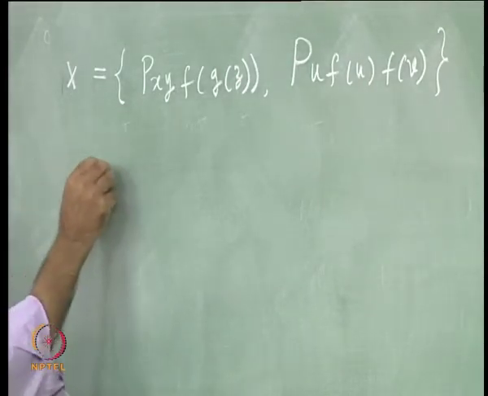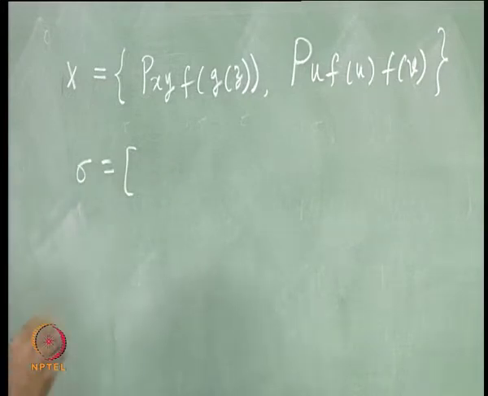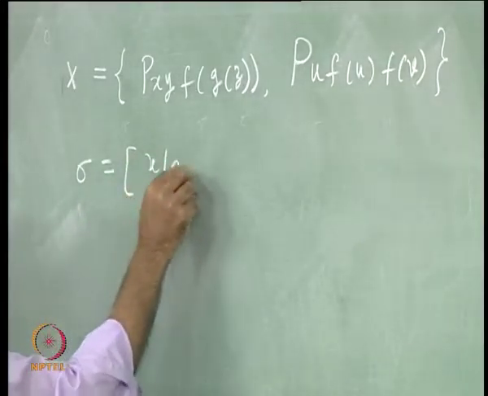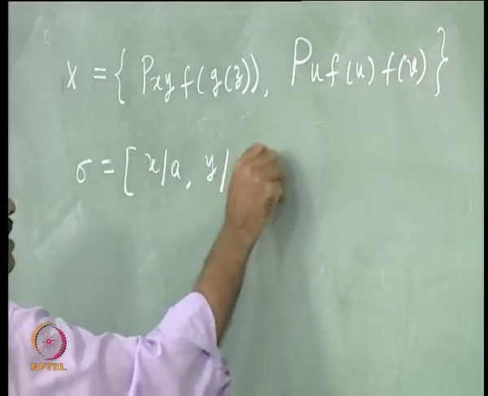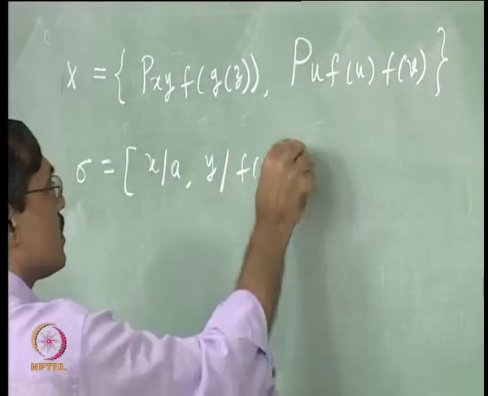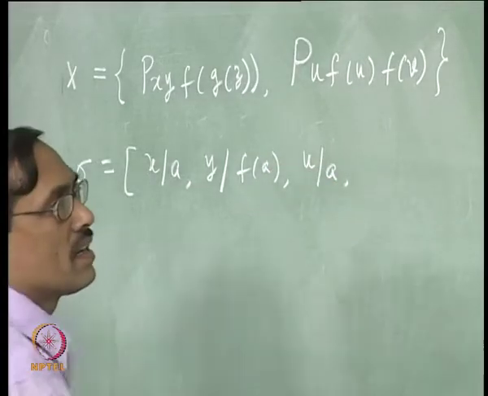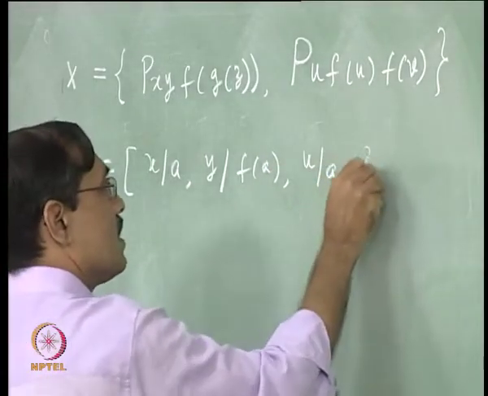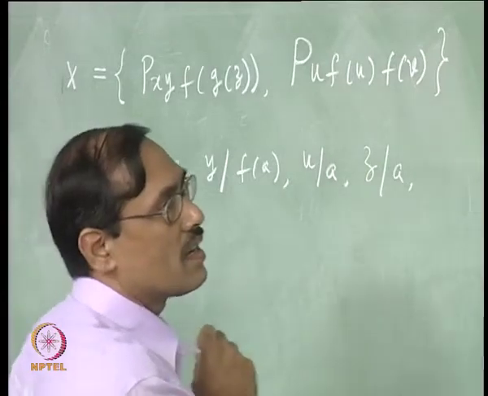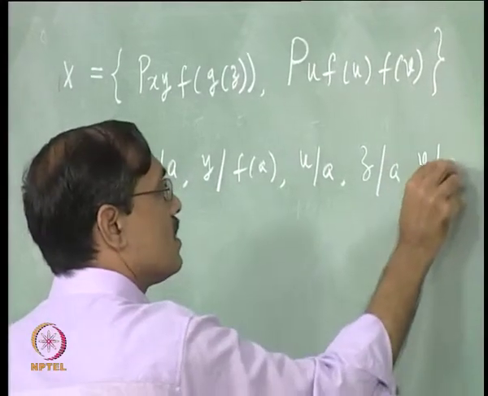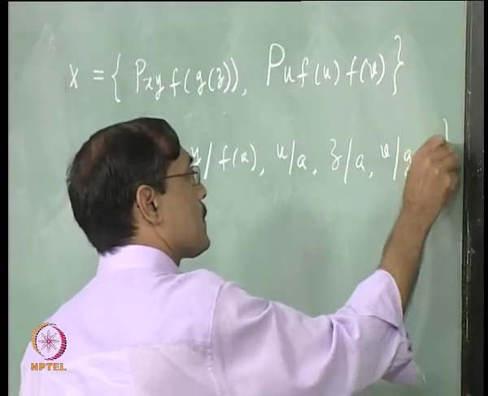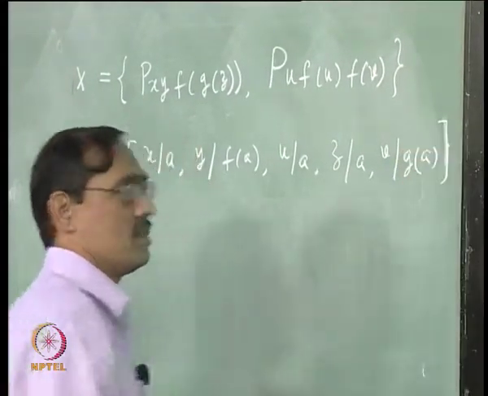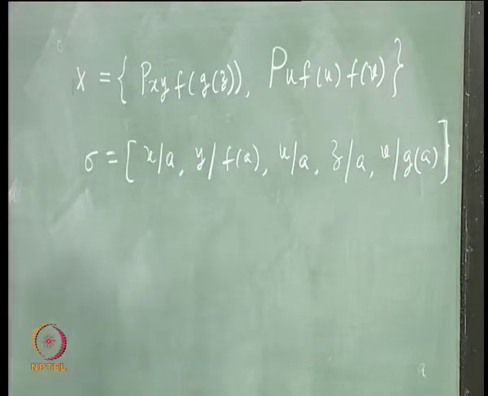I take sigma equal to, as suggested, x by a, y by f of a, then u by a, z by a, and v by g of a. Is it a unifier or not? We want to verify.